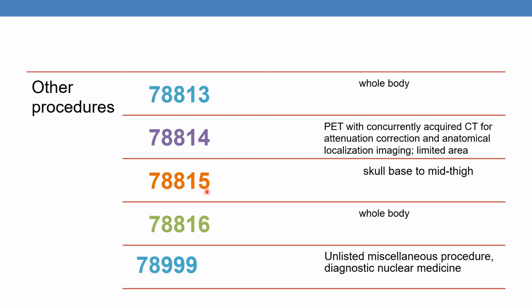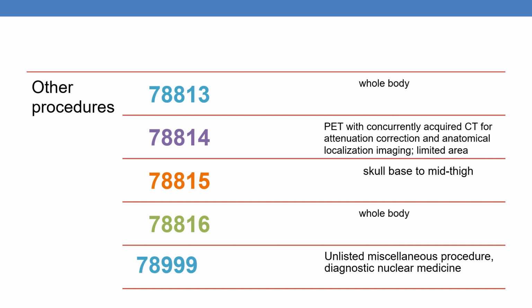And 78815 is nothing but PET with CT, skull base to mid-thigh. Next is 78816, PET with CT, whole body. Next is 78999, which is unlisted miscellaneous procedure, diagnostic nuclear medicine. By this we complete the entire codes for nuclear medicine, diagnostic part.